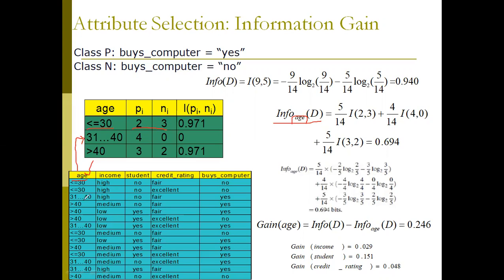Let us check how many records are there under age less than or equal to 30. This is 1, this is 2, the second record, this is the third record, fourth record, and fifth record. These are the 5 records under age less than or equal to 30.